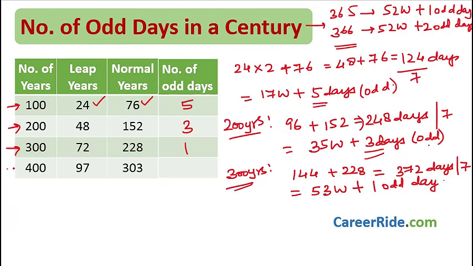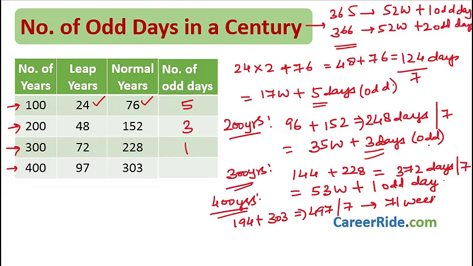Okay. Now let us see what happens when I get a period of 400 years. What happens? I get 97 multiplied by 2, which is 194, plus 303. This is nothing but 497. And when I try to divide it by 7, I get just a whole number, that is 71 weeks, and there is no remainder, 0 days.